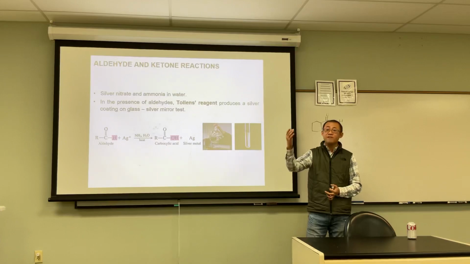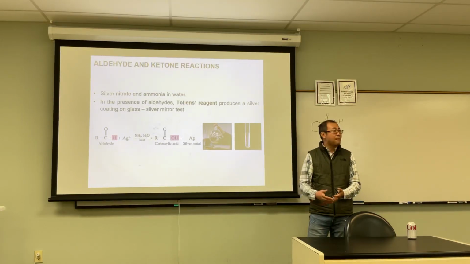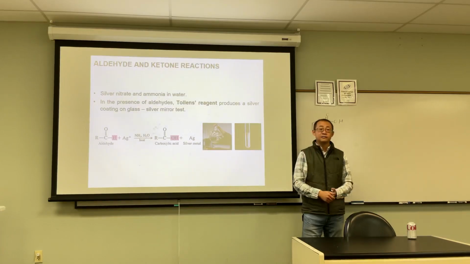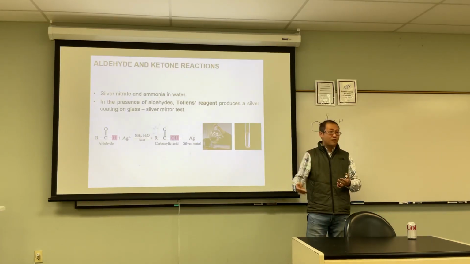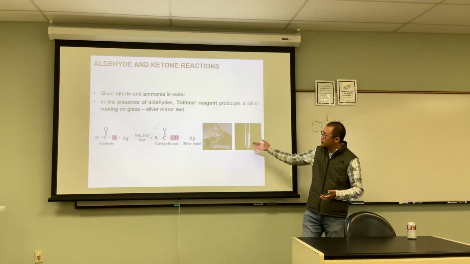Both reagents will give us a positive result to show that the reaction is happening. If the reaction is happening, that means it is an aldehyde. Just like a COVID test, it gives you a negative or a positive test. The commercial reagent gives the same, a positive test and a negative test. So I will show you what they are.